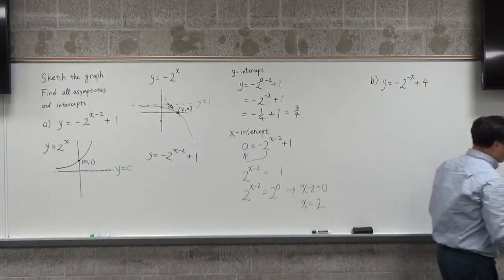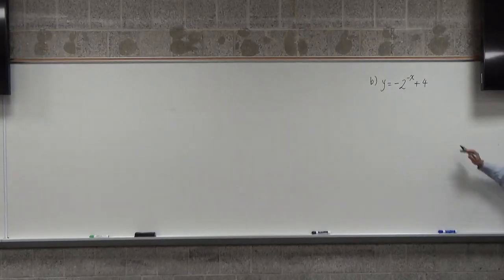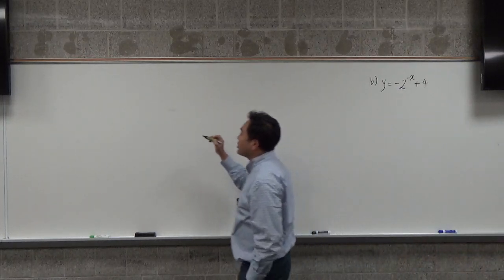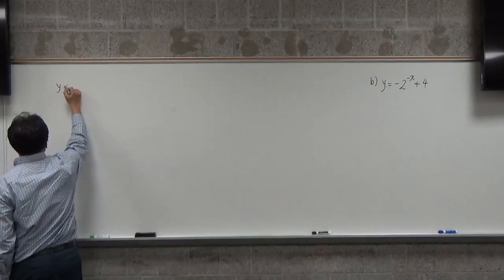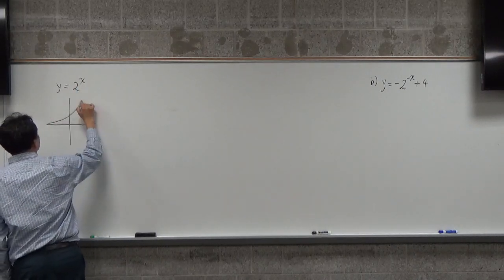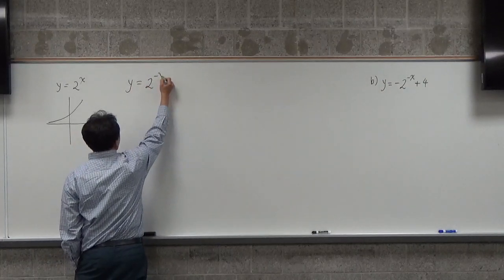Okay, so try drawing the other one. For this one, we start with y equals 2 to the x, which is like this. Then you think about y equals 2 to the negative x.